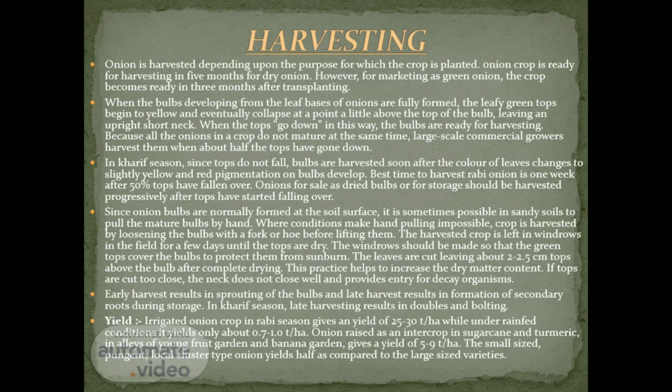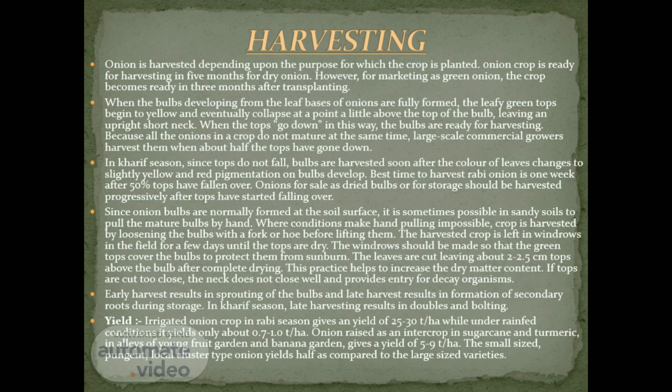Best time to harvest Rabi onion is 1 week after 50% tops have fallen over. Onions for sale as dried bulbs or for storage should be harvested progressively after tops have started falling over.